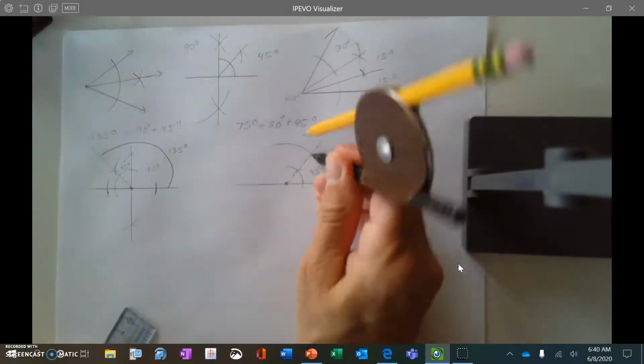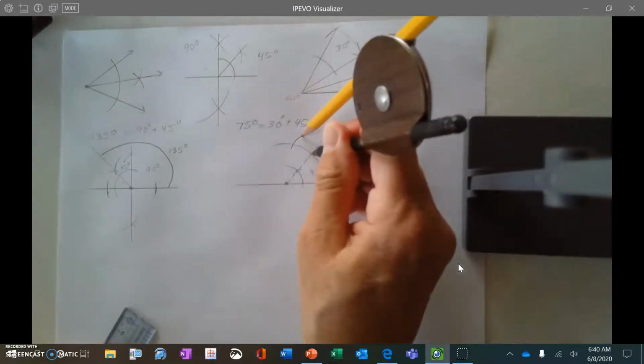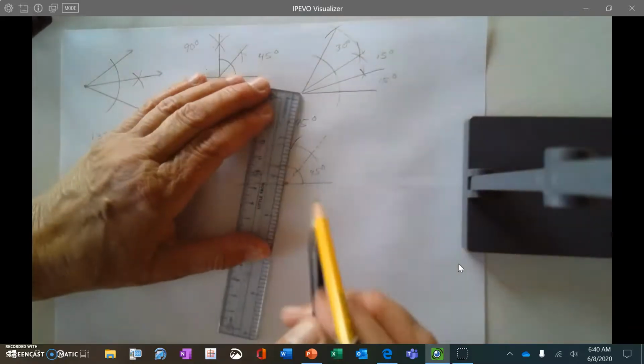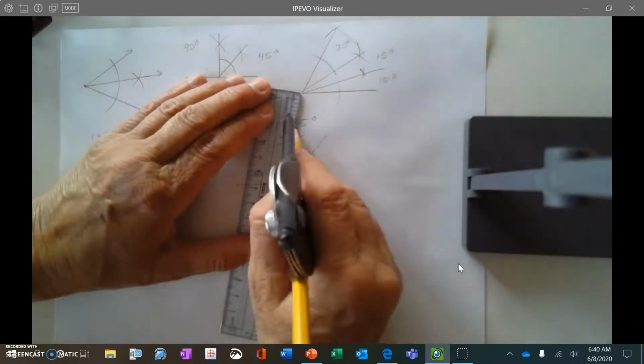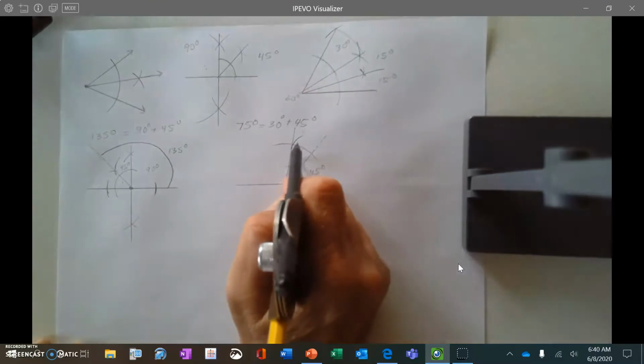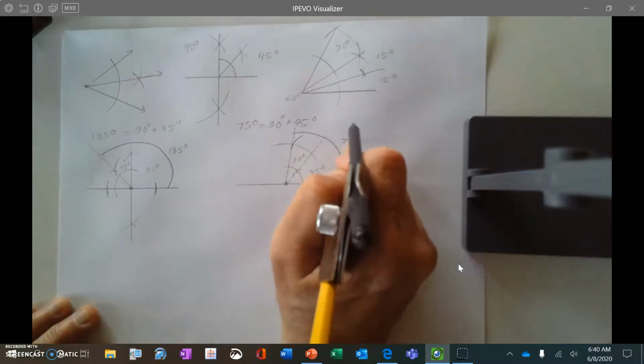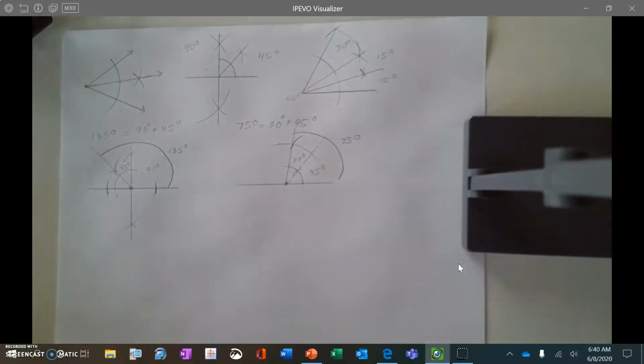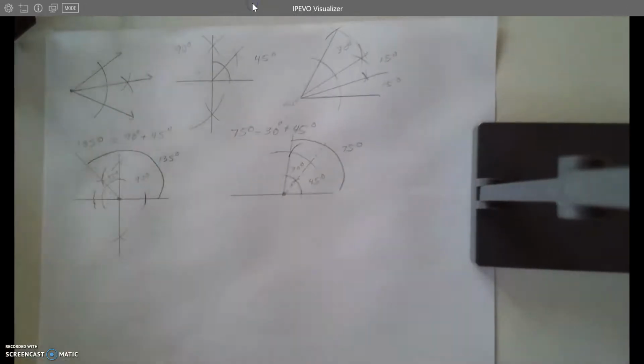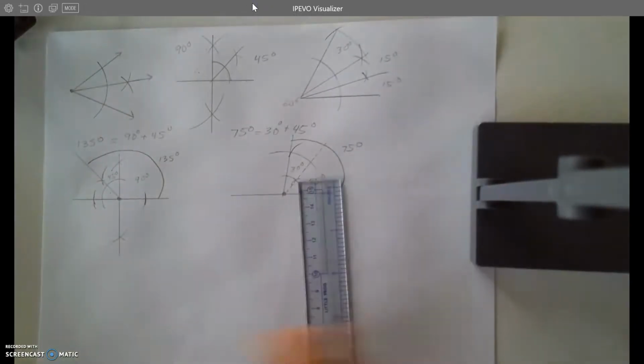So I stab in here and go like that. So that is a 30-degree angle. And now for the teacher, I'm going to say, hey, look, there is my 75-degree angle. So that is kind of a fun activity to create these different size angles, and you're going to be asked to do that when you do your homework.